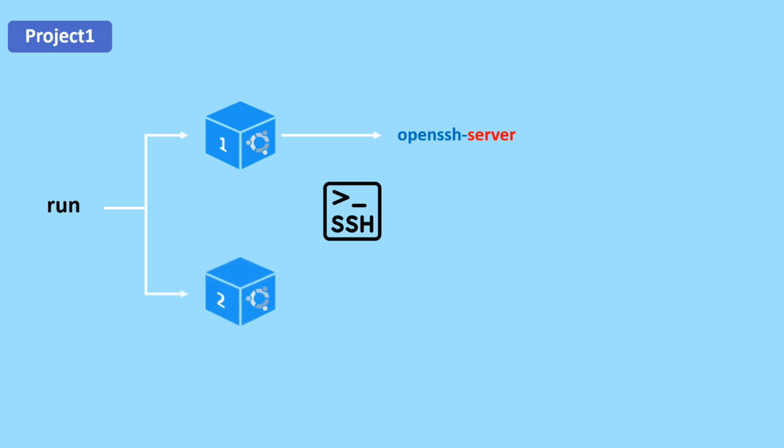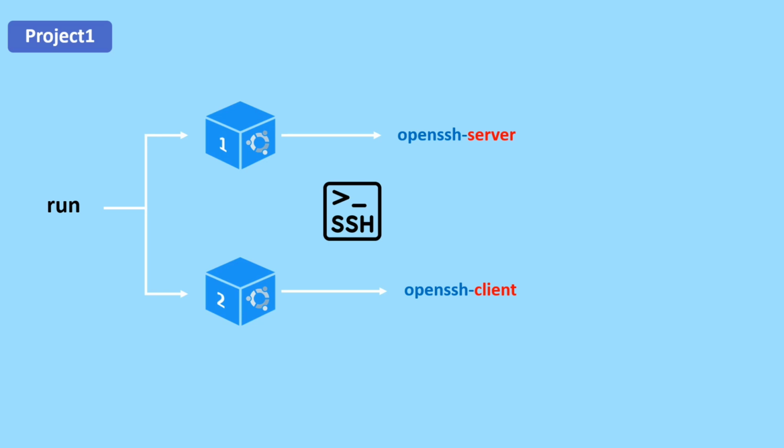Next, we will run a second container, container 2, and do the same SSH configurations. But this time we will install the SSH client package because it allows the container to act as an SSH client and initiate outgoing SSH connections. Also, the package includes the necessary components for connecting to an SSH server.